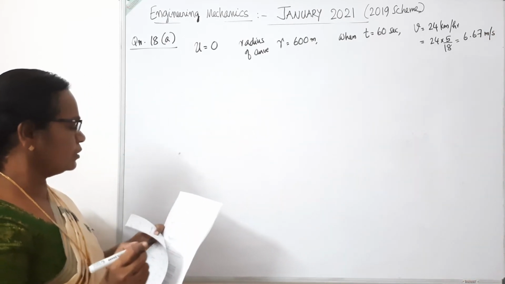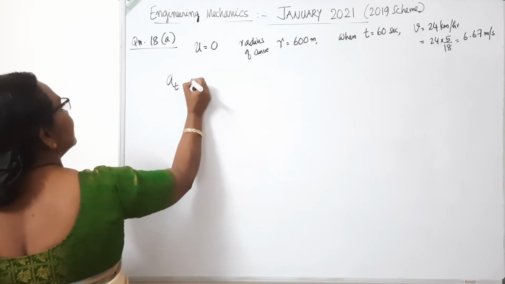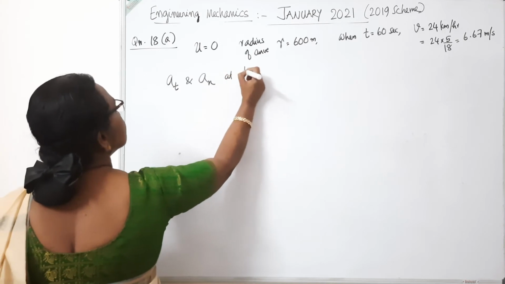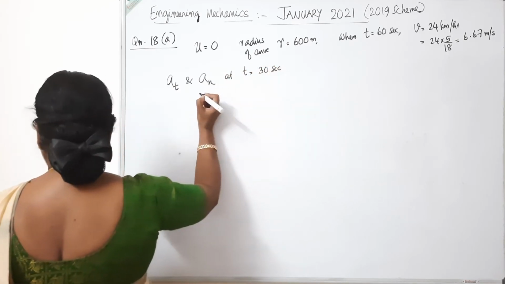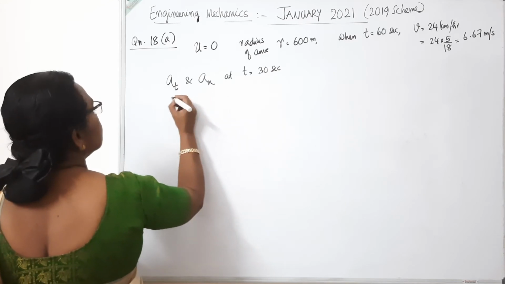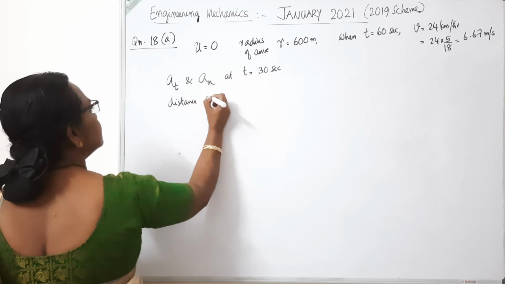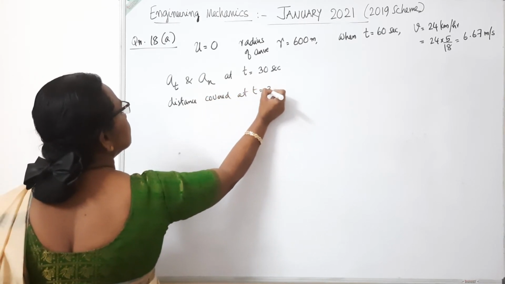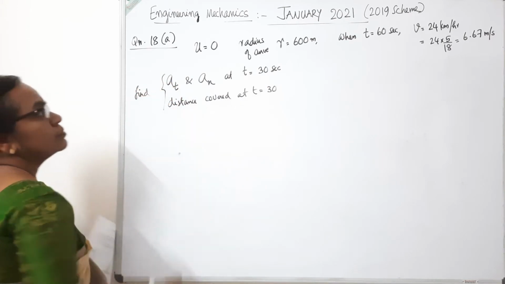And you are asked to find out the tangential acceleration and normal acceleration at t is equal to 30 seconds and also the distance covered. So this is the question.